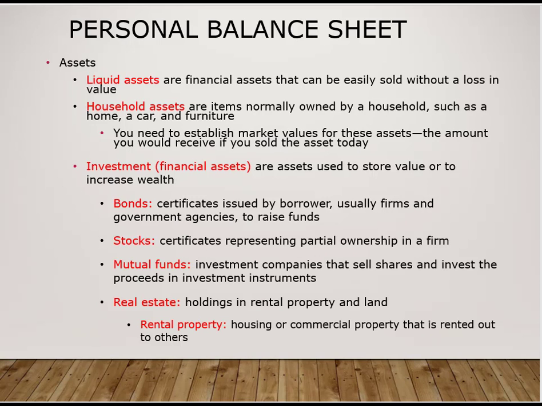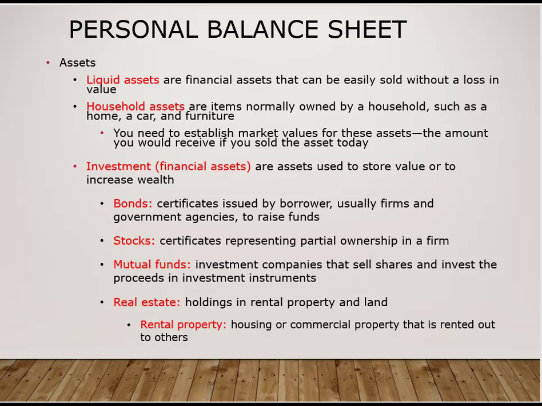So what are the assets? There's three primary categories, if you will. Liquid assets, those that can be sold very easily without a loss in value. Then a whole list of household assets like cars and the house itself, furniture, clothing. And we may have to establish market values for these assets.